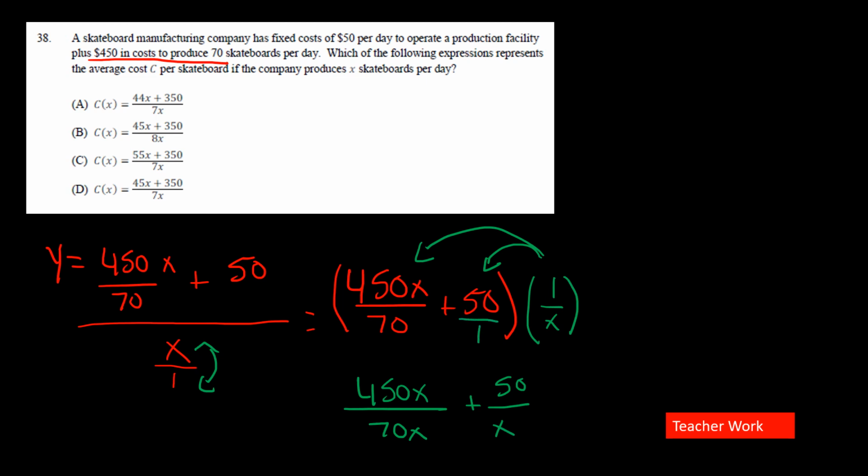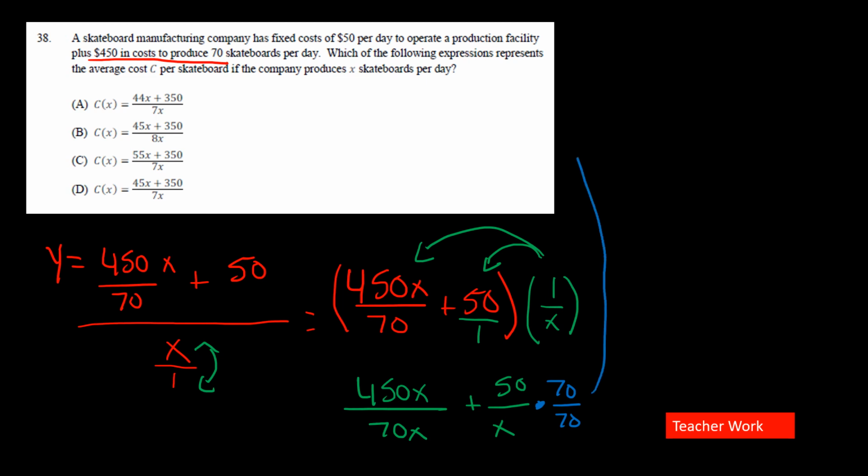So now we want to add these up, but I can't yet because I don't have common denominators. So I'm going to multiply this guy by 70 over 70. I'm not changing the value, I'm just changing the way it looks, because 70 over 70 is 1.